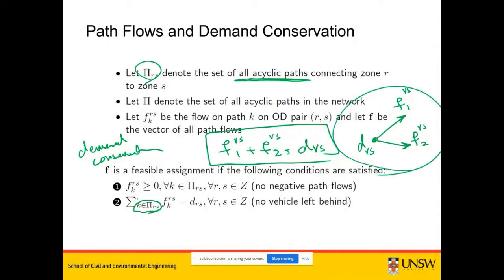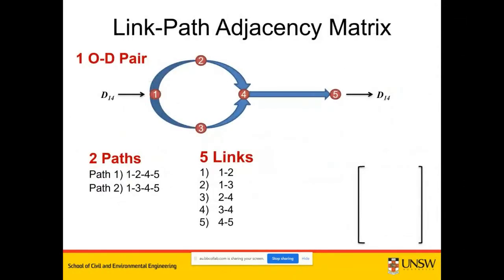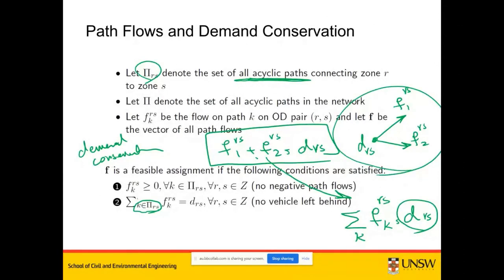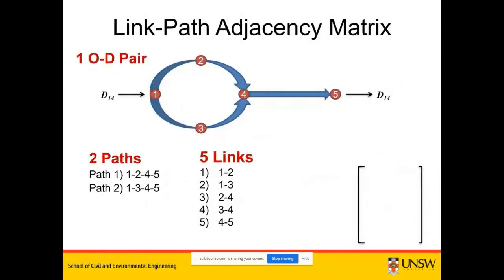So this can be written as the summation over k of F_RS^k should be equal to D_RS, right? The summation of the path flows over all the possible paths between an origin and destination RS must be equal to the demand. So that's the demand conservation. So these two conditions must be satisfied for feasible assignments.